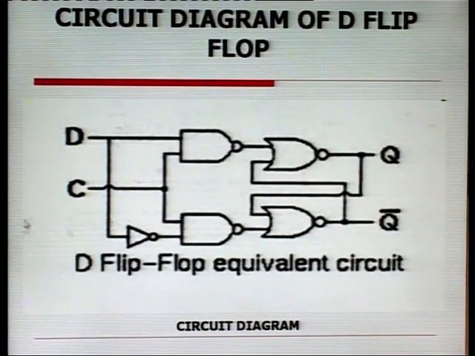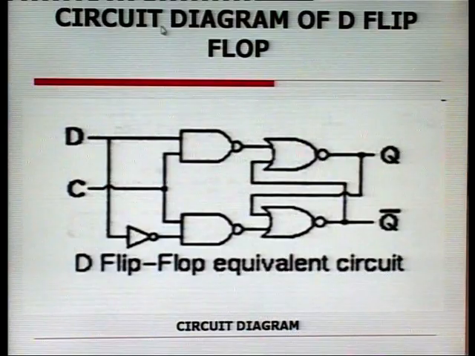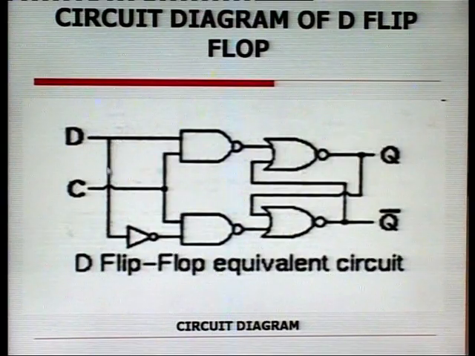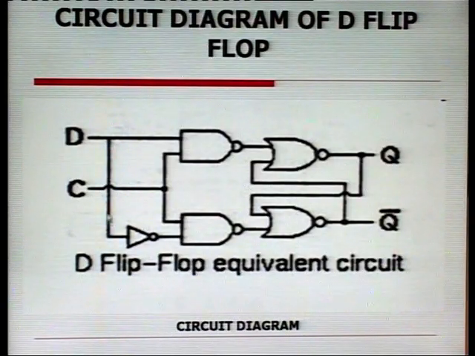So, in this diagram, we are showing the circuit diagram of D flip flop. Now, in this case, the S input is replaced by input D, and the R input is given by connecting a NOT gate with the S input, and we have added a C or clock signal here.